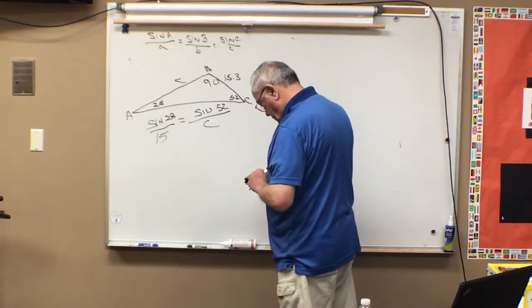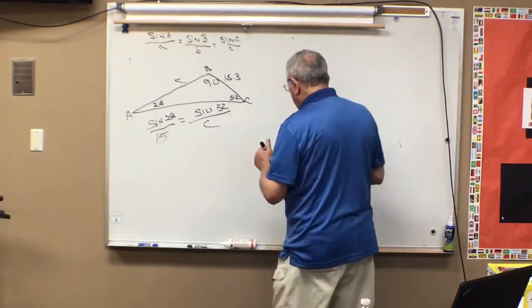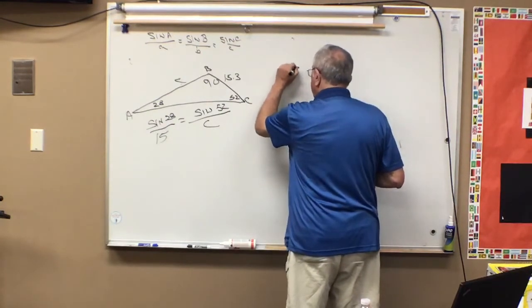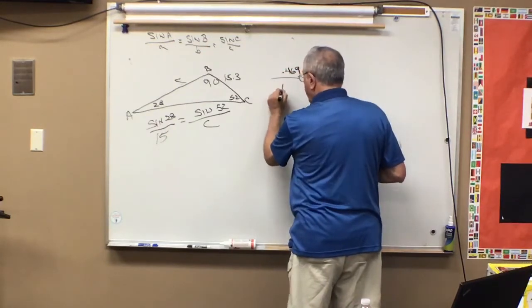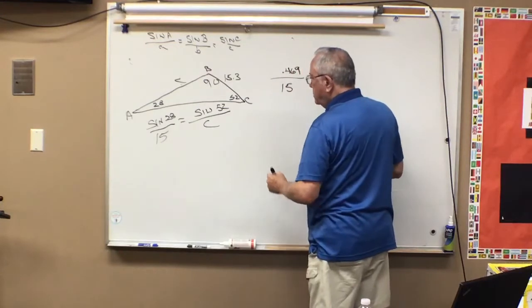So we go sine of 28 equals 0.469. So 0.469 over 15 equals what?